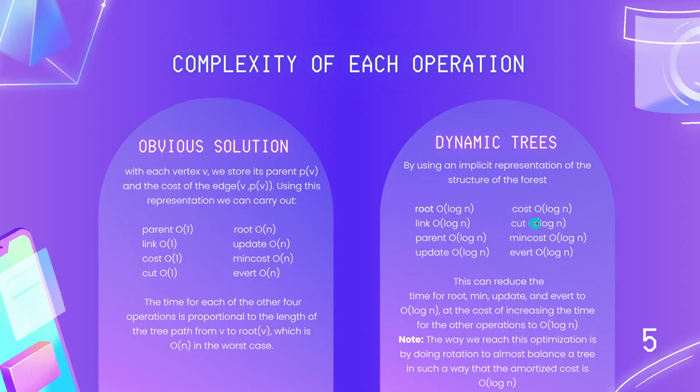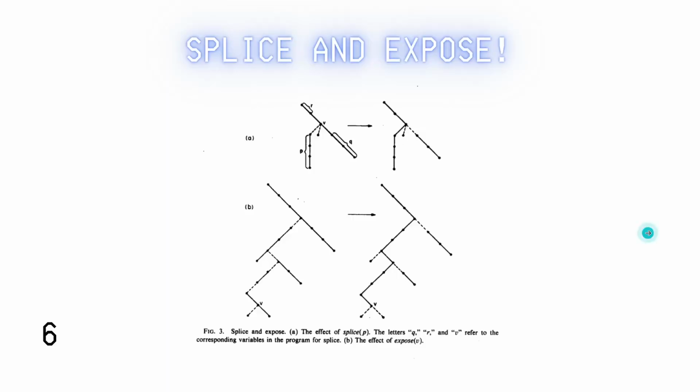The benefit of the dynamic trees implementation is if you need to actually mix both of these fast and slow operations a bunch, then having all of them be logarithmic in time actually speeds things up. And we'll see an example of that in just a second, applied to network flow. Now, if we go one layer deeper into how this all works and how the optimizations work, there are two key operations that go into it.